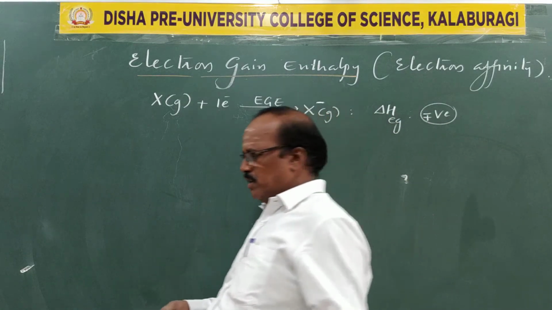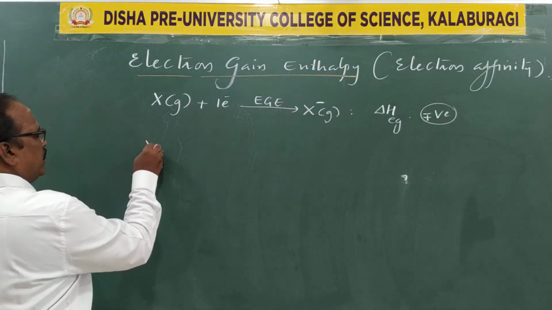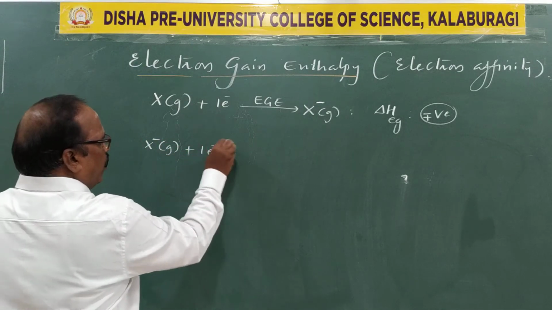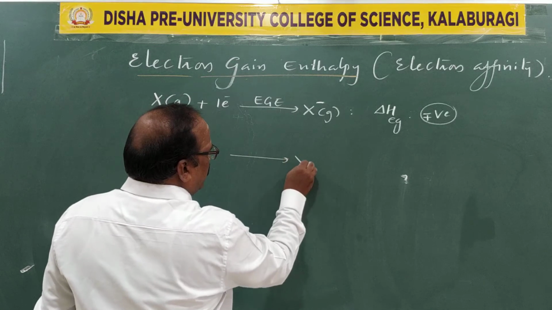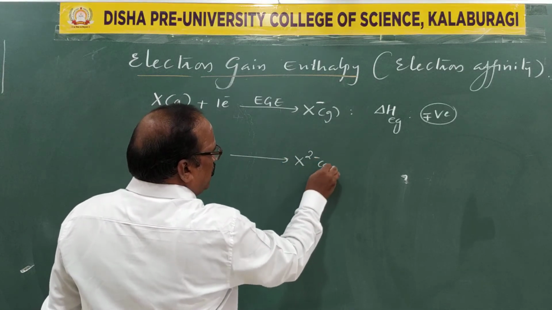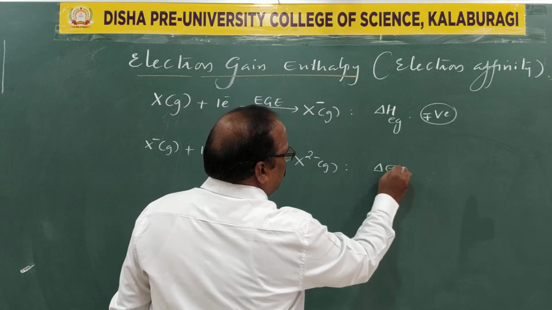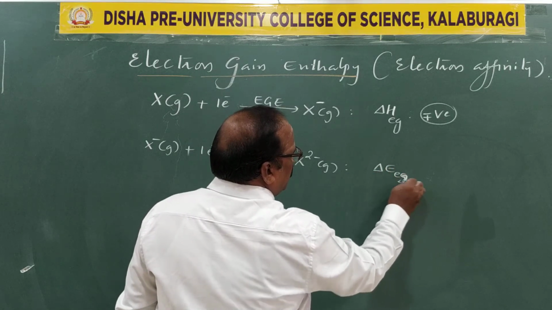This is the first case. In the second, again I add one more electron. We try to add one more electron to get X minus 2 gas.